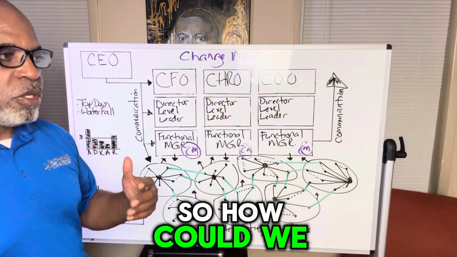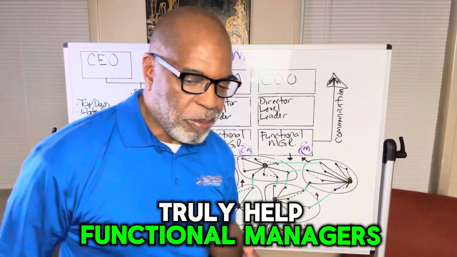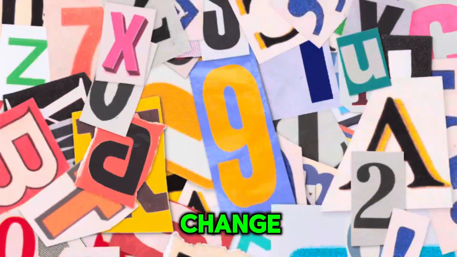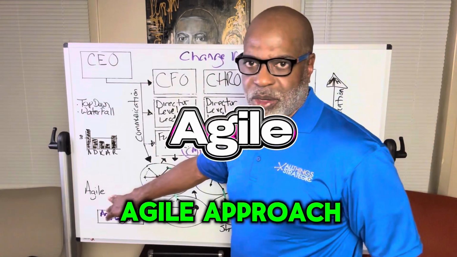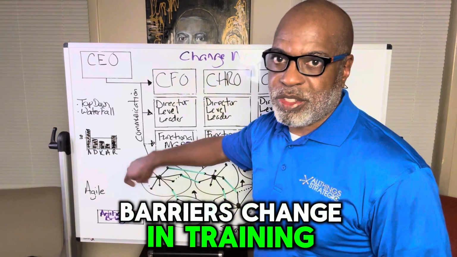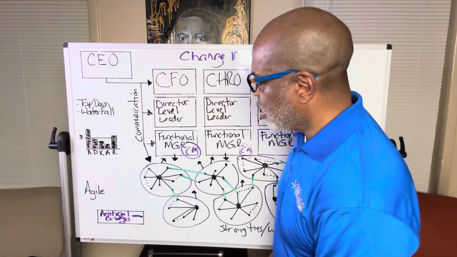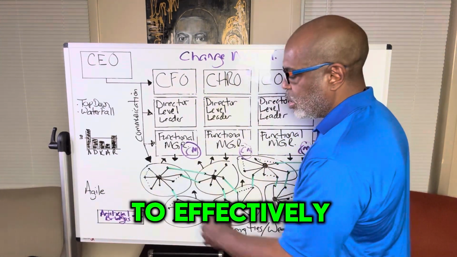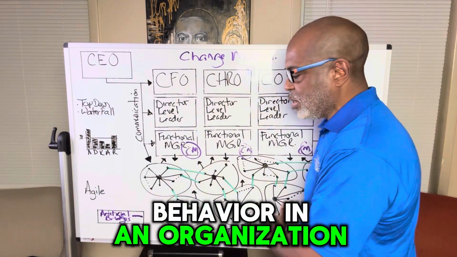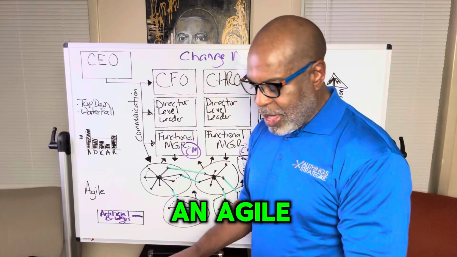So how could we truly help functional managers and change managers effectively and successfully drive change? We have to use what we call an agile approach to change. Now, we can assess the people based on their barriers to change and train and educate them accordingly. But when it comes to effectively spreading the message in order to change behavior in an organization, we have to use an agile approach.